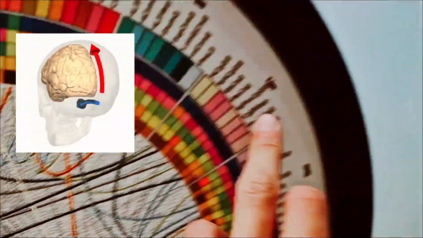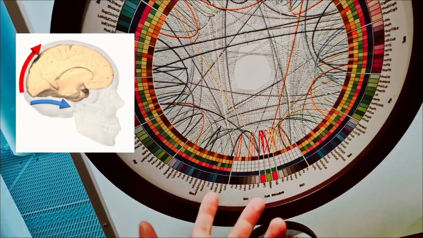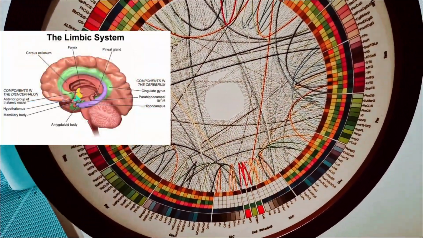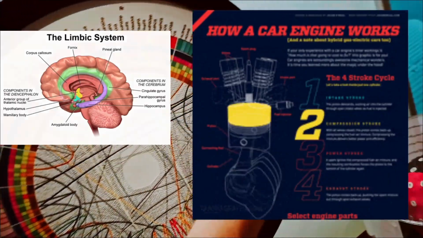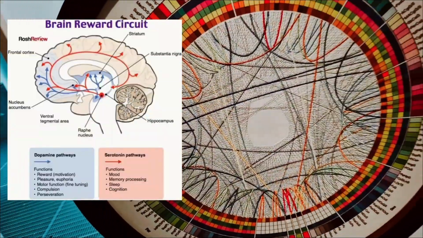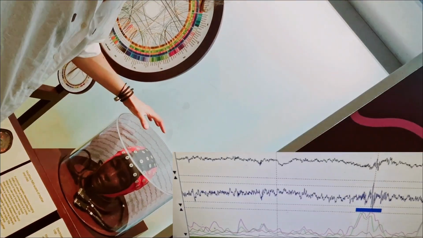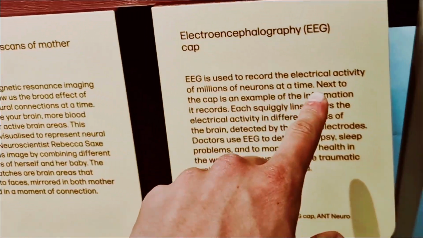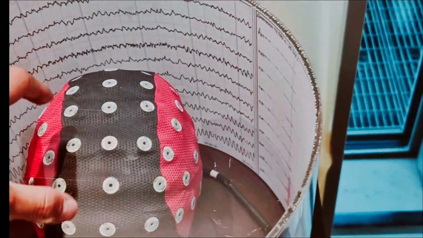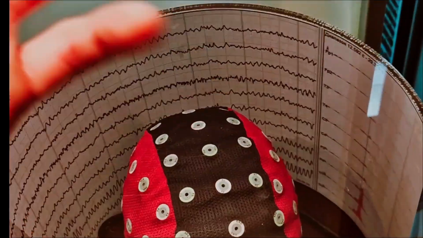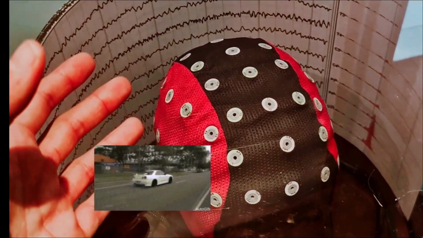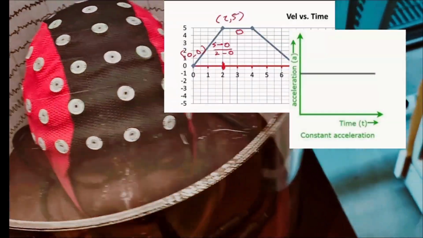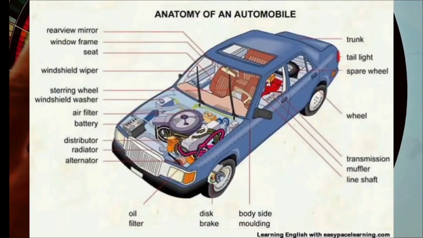The limbic regions would better represent the engine, the motivation, the drive with its dopaminergic and reward system. So when we're measuring the squiggly lines with EEG, the electroencephalograph cap, we are measuring the overall activity of the car, the velocity and the acceleration. We're not looking at the individual parts of the car.